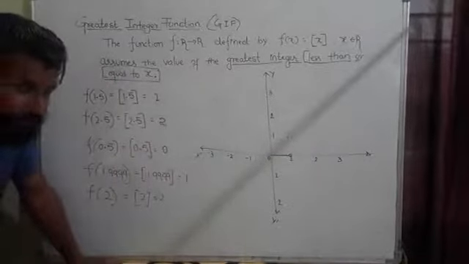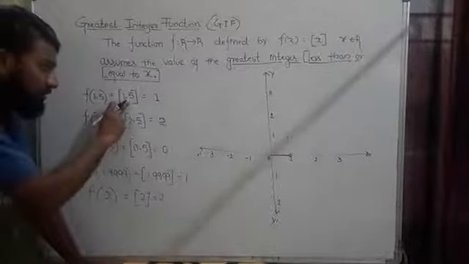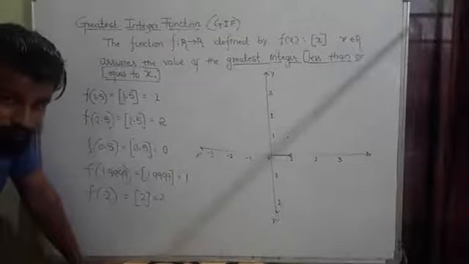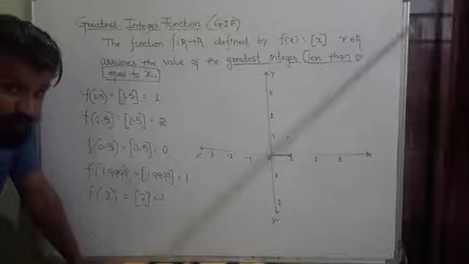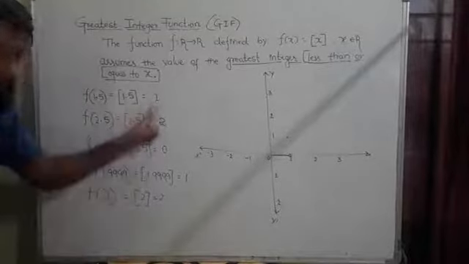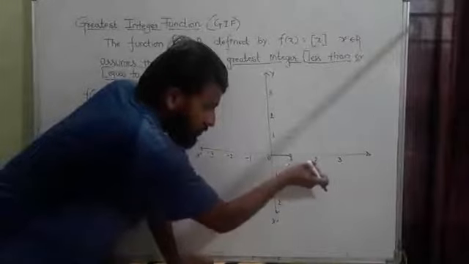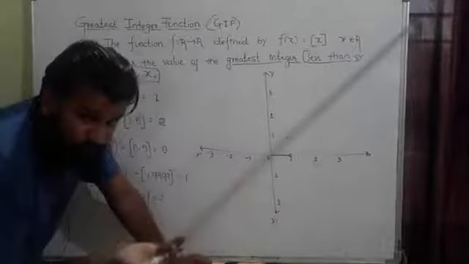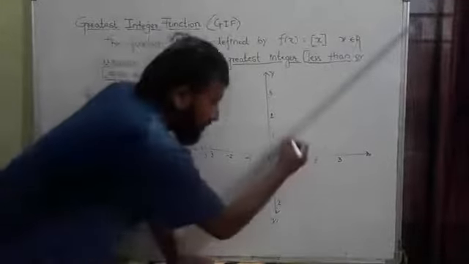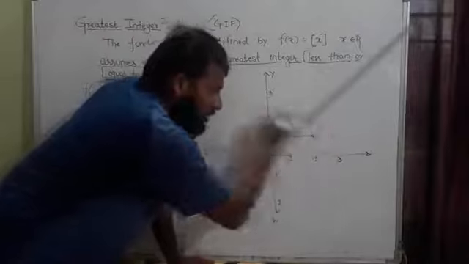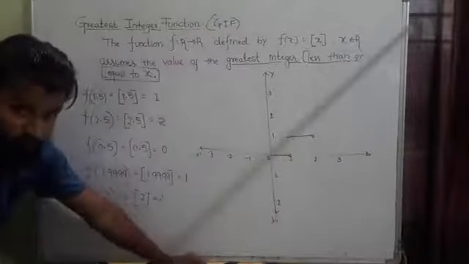Are you understanding my point? Very good. So if you start taking values for x as 1.1, 1.2, anything till 1.999, the answer will be 1 only, no? So between 1 and 2, you take any point, the answer will always be 1, but when you reach 2, your answer will be 2. Yes or no?